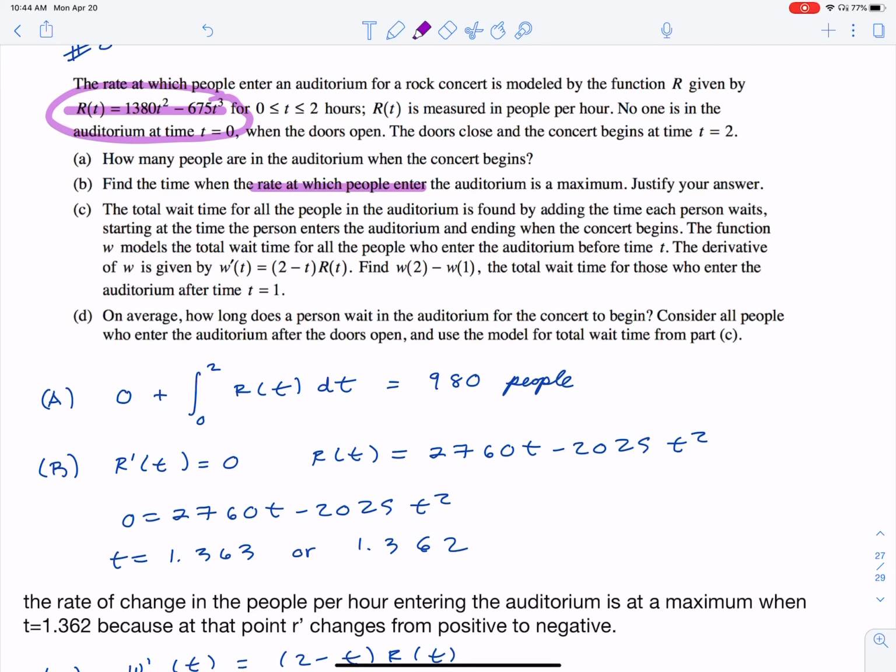So this thing is the rate of change, but the antiderivative of that would represent the total wait time for all the people entering the auditorium. In order to find the average wait time for a single person, I'm going to take the total wait time for all the people and divide it by the number of people, which we already found in part A.